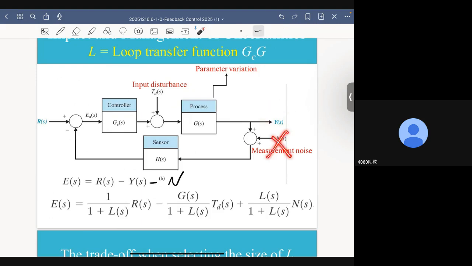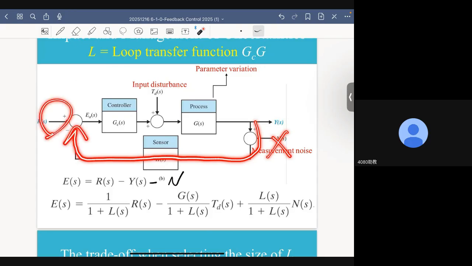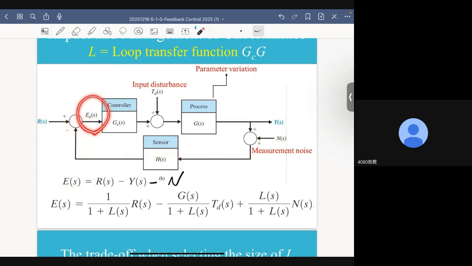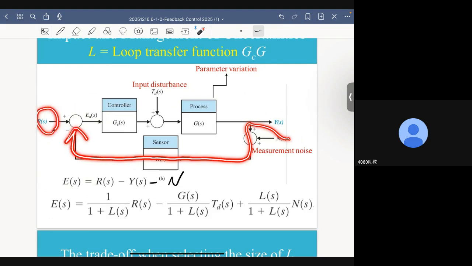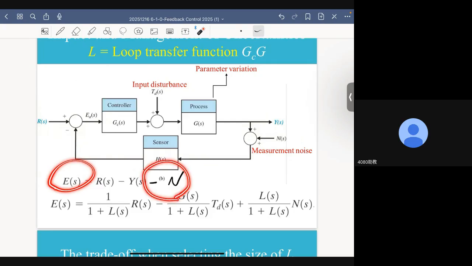If there is no error, Y, we already assume that H is equal to 1, enters into this junction, okay? So R minus Y is the output error. However, if I have a measurement noise here, then the measurement noise will also follow this path to meet with the nominal input. As a result, the error will have additional terms.